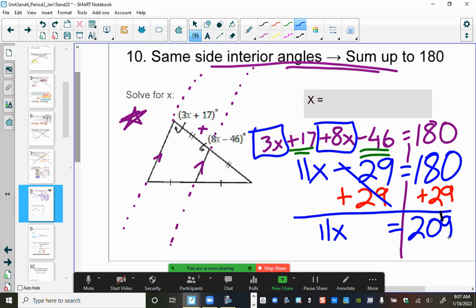Now, last step. So how do we get the x? Last step here, ladies and gentlemen. We divide both sides by 11.